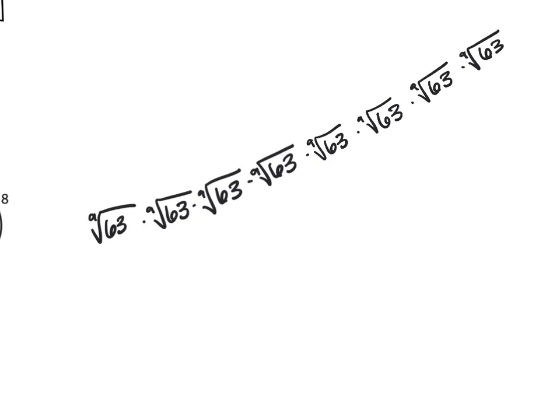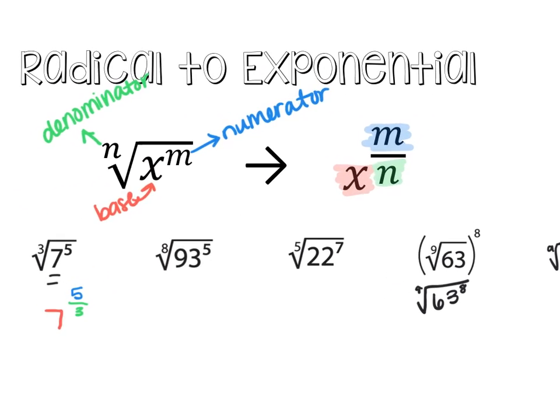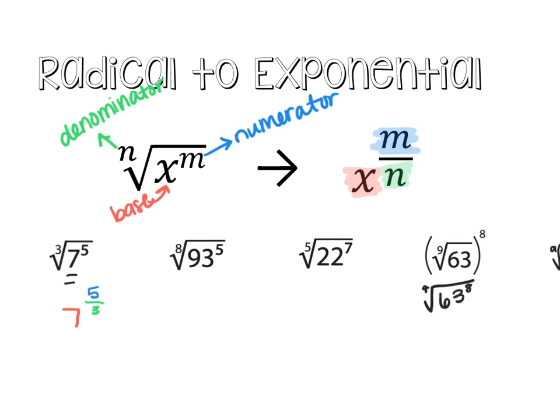And when we multiply radicals that have the same index, we just keep the radical and the index and multiply what's inside. So that would be 63 times itself 8 times, which is the same thing as 63 to the 8th power. So just so that you've seen it before, that's another way to write that.